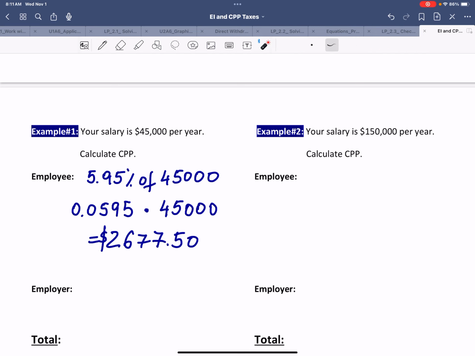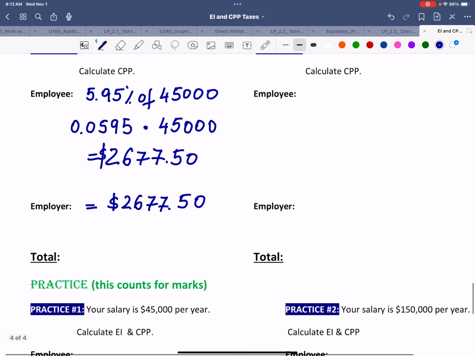Now, because both employee and the employer pay the same percentage, it means that the employer will also pay $2,677.50. So, in total, both the employee and the employer will pay double of $2,677.50, which will amount to $5,355.